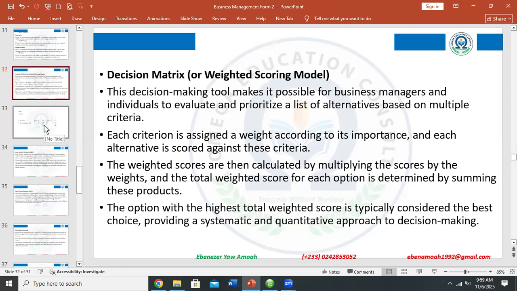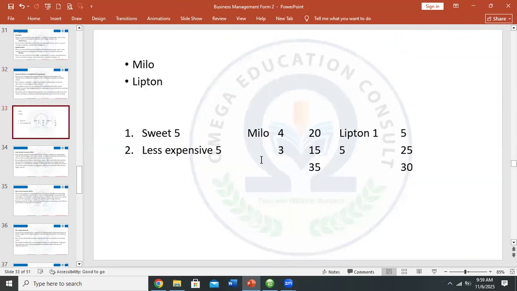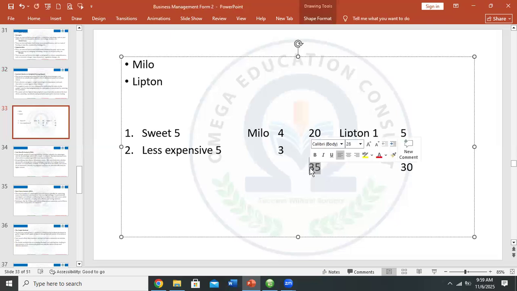So in our scenario, which one is the best choice? Definitely Milo. Is it not interesting that something that is not so less expensive, because of its sweetness, we are going for that option.